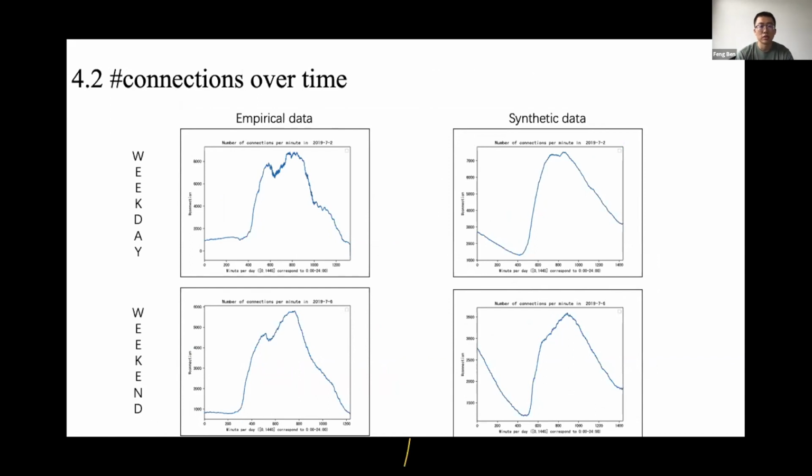Trajectory generation is implemented by transition from one state to another in THMM, and the connection time of the previous state will affect the connection time of the next state, which will finally affect the number of connections over time. If the number of connections per device is large, the deviation introduced in the generation process will be accumulated and the result will be a little bit different.